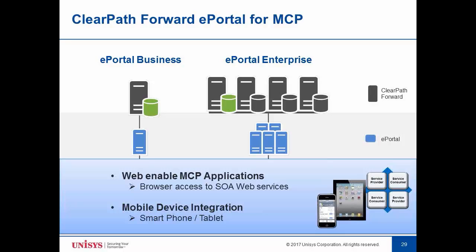So the ClearPath Forward ePortal Enterprise capability can handle up to 4 Libra systems, and in itself has a multi-node approach now where the ePortal has multiple platforms with their own resiliency and scalability.